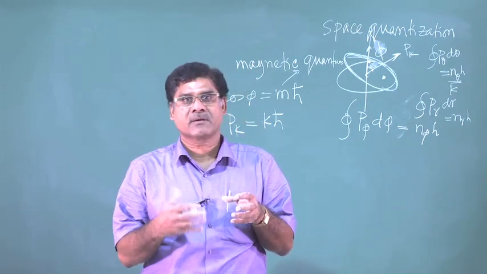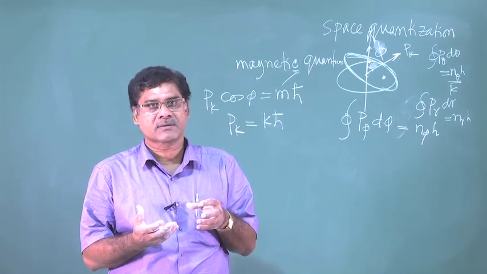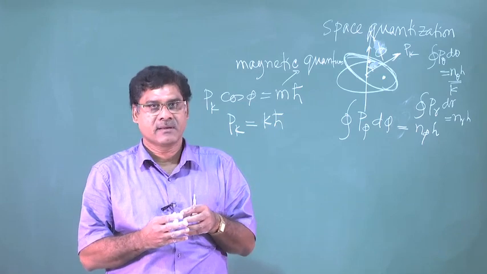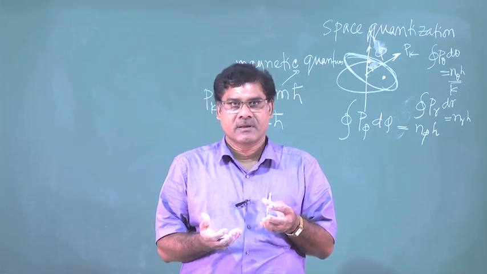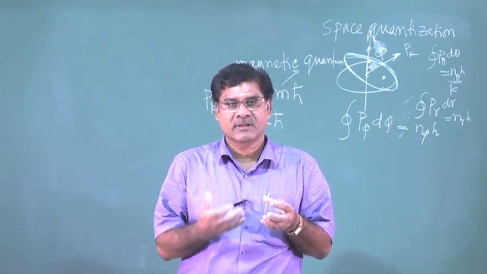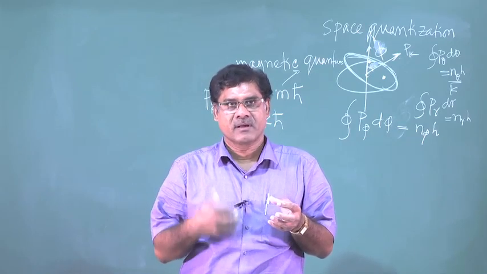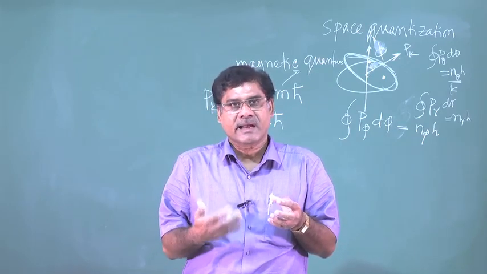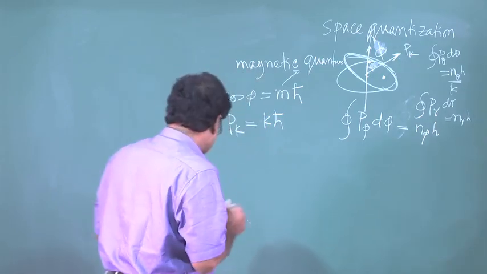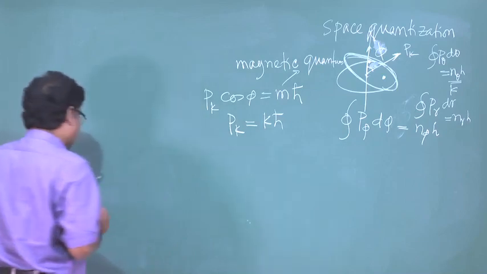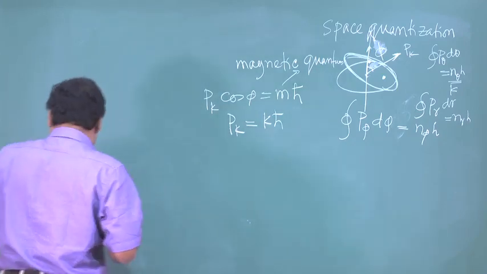An electric field will interact because the electron has charge, but why should a magnetic field interact? If the moving electron in its orbit has a magnetic property, then only is there a possibility of interaction. It is true that electrons in the orbit have a magnetic moment, and that we will find out.